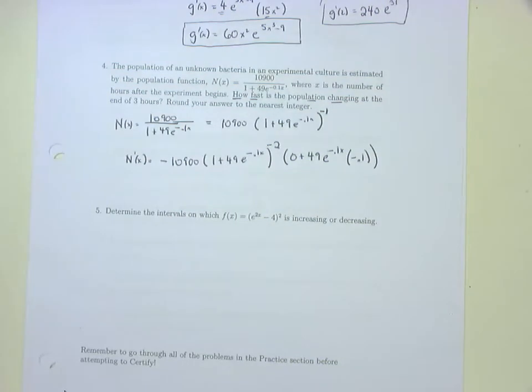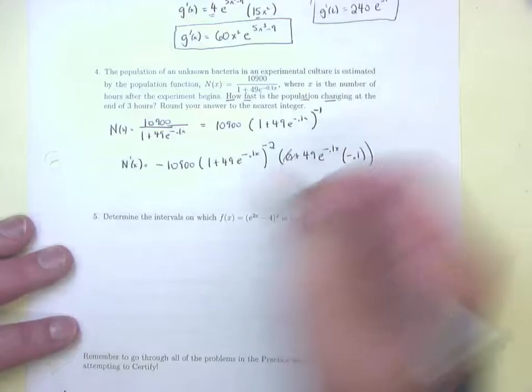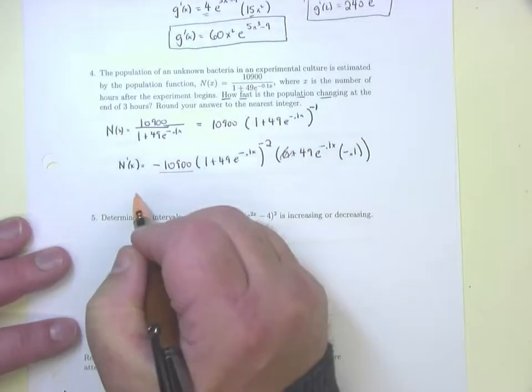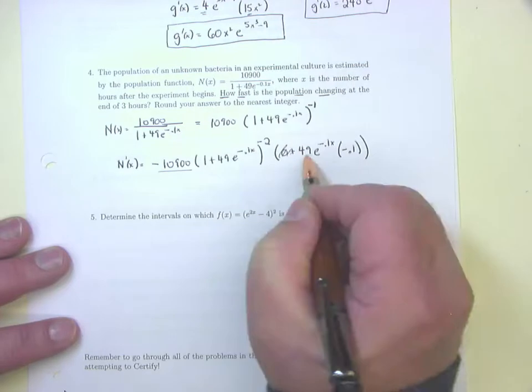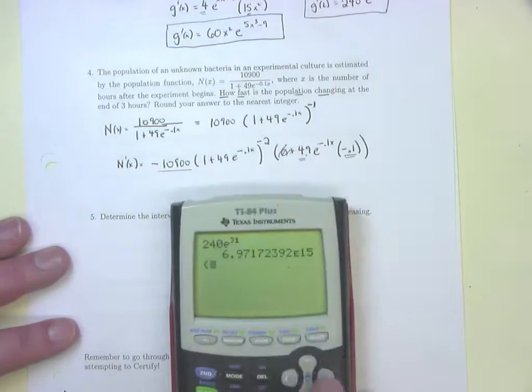Now, there's my answer. But of course, I'm going to clean this thing up. Plus, that 0 was for your benefit, so I don't need to write that. So I'm going to multiply my constants. What is negative 10,900 times that 49 times that negative 0.1? Make sure you show on the calculator here what this is.